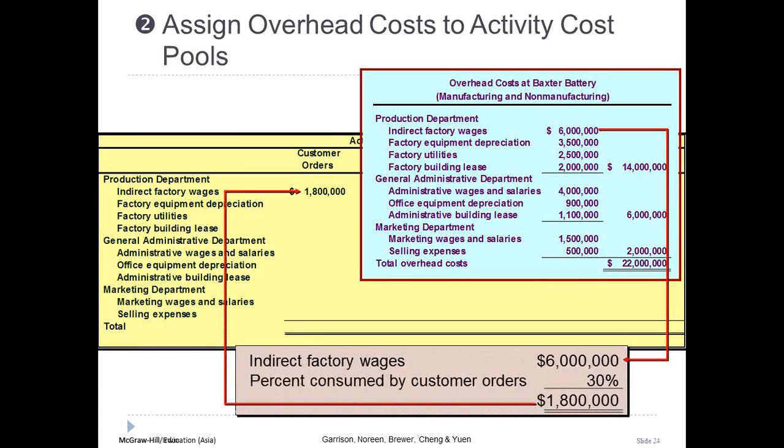Once the percentage allocations have been determined, it is a simple matter to assign costs to activity pools. For example, the indirect factory wages assigned to the customer orders activity, $1.8 million, was computed by multiplying the total amount of the indirect factory wages, $6 million, by the percentage of time that indirect factory workers spent on this activity, which was 30%.